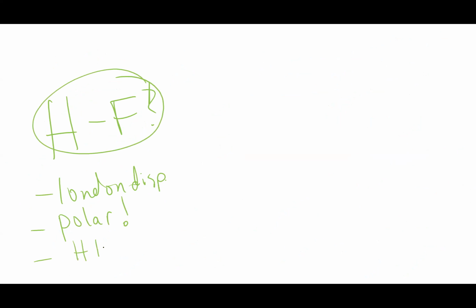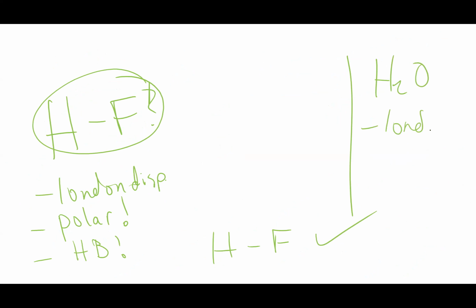And it definitely has hydrogen bonding because hydrogen is bonded to F. H2O is another famous chemical, guys. H2O has London dispersion. They all do. It is polar because there are lone pairs, and it has hydrogen bonding. So HF and H2O are 2 very classic examples of very high boiling points.